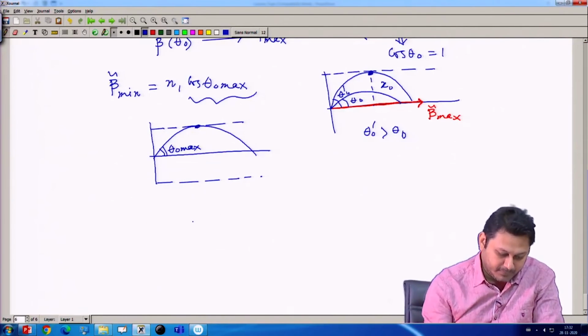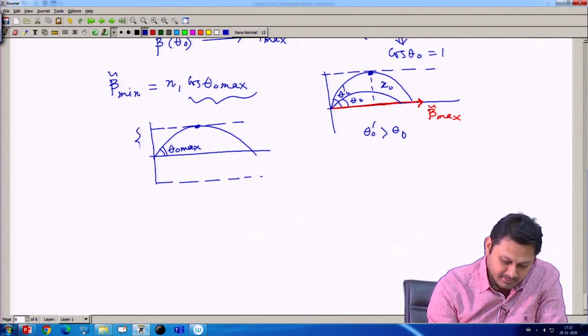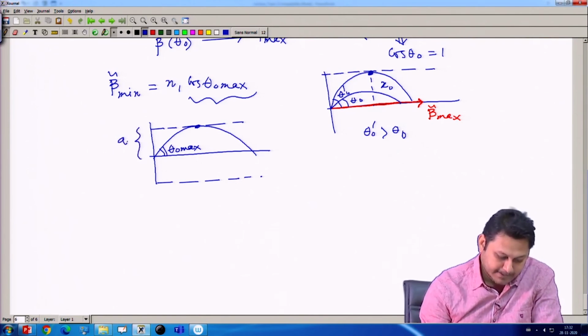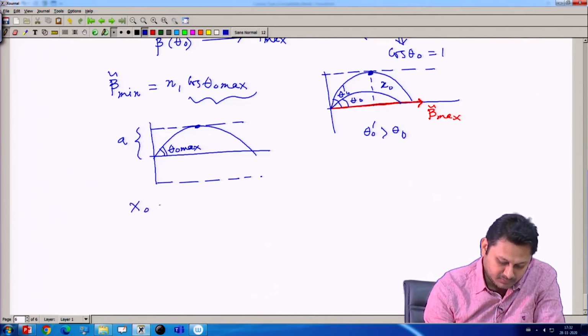So, this is my A, and I have x 0 is equal to A sin theta 0 divided by root over 2 delta.